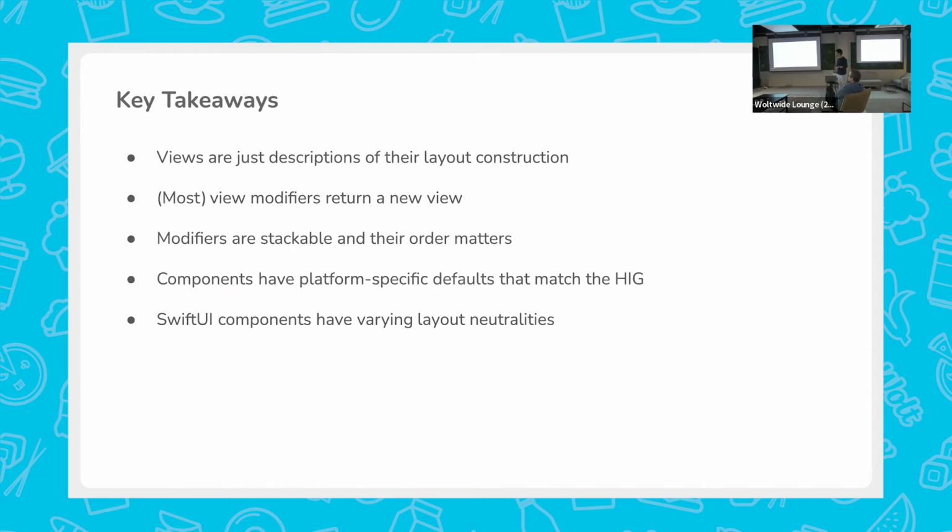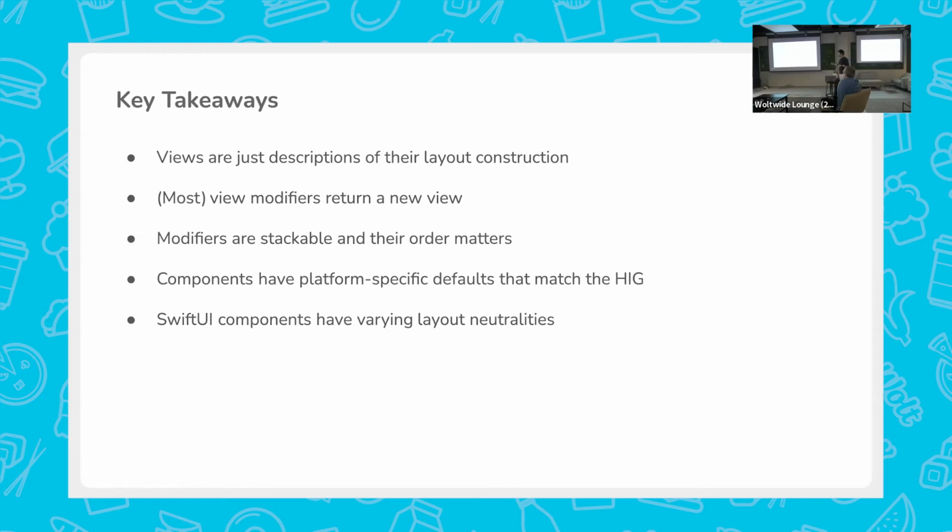SwiftUI components also have platform-specific defaults, meaning that if you're building for iOS, the VStack has defaults for the spacing and the margins that make sense for iOS. And if you're building it for macOS or tvOS, then they have different default values for the spacing. All those values match Apple's Human Interface Guidelines.